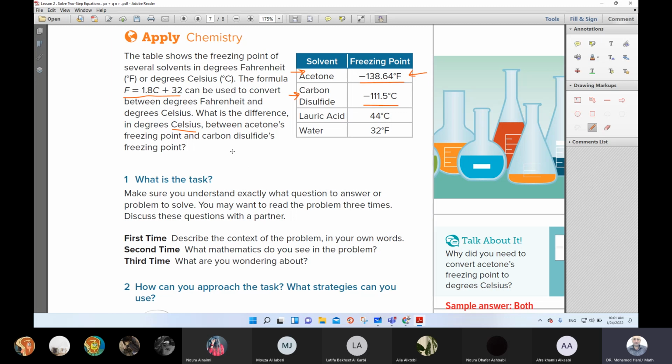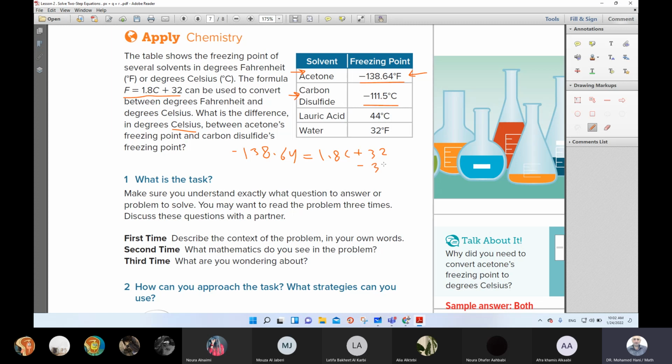Substitute F, negative 138.64, equals 1.8 C plus 32. And we have the variable C. To solve this equation, try to remove 32 from the two sides, so add the inverse.